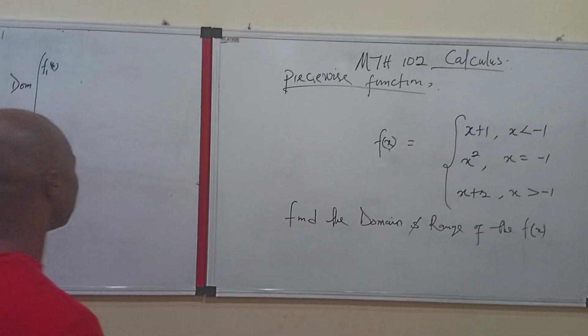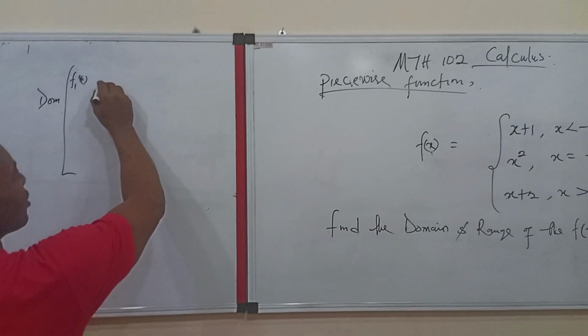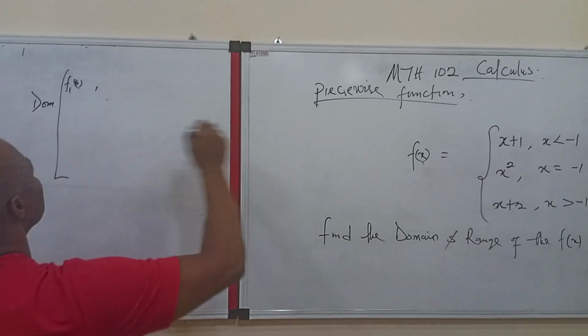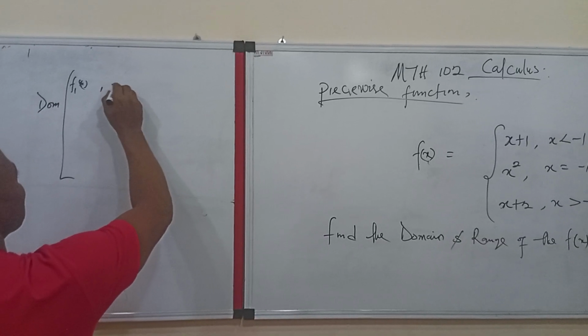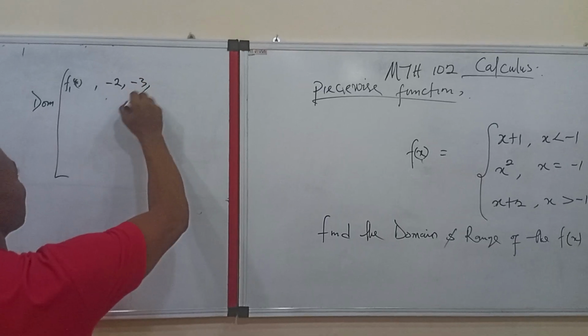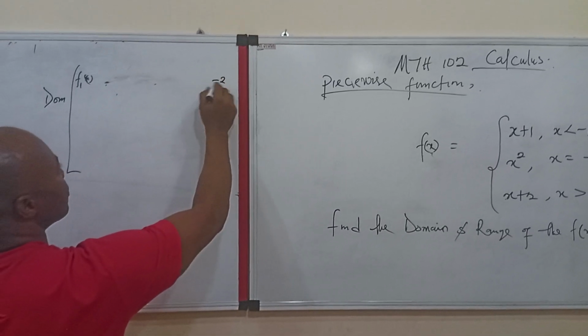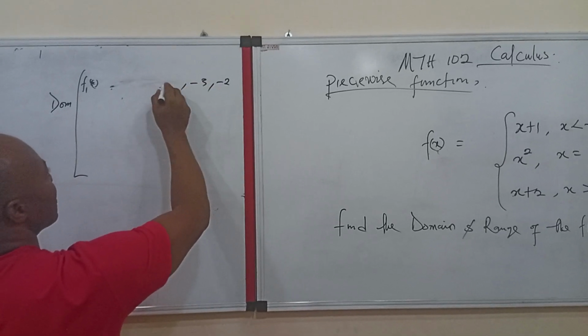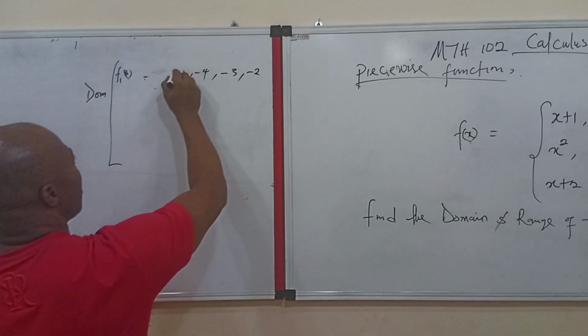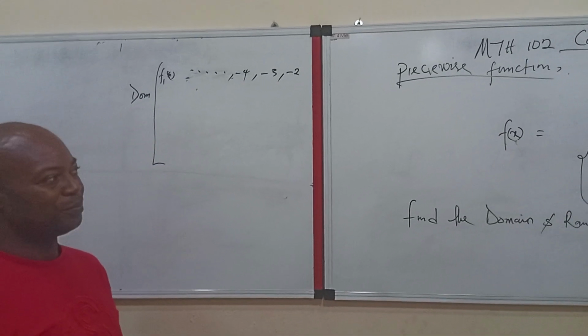Na so e go dey. Because say e dey less than. So the values dem wey dey for that one na -2, -3, -4, on we go to negative infinity. Na so e dey go.